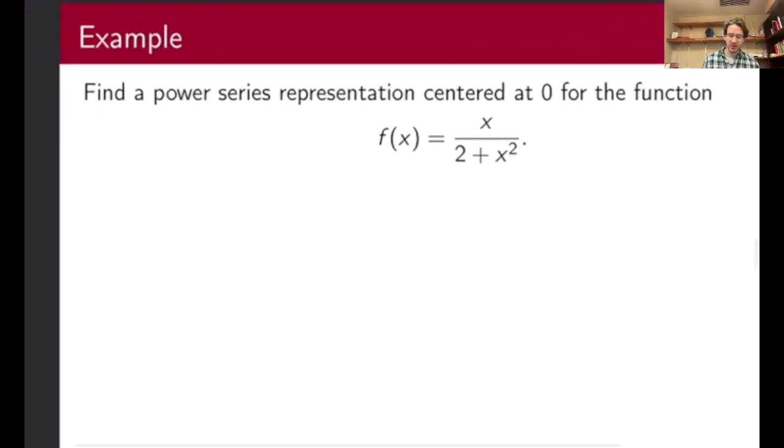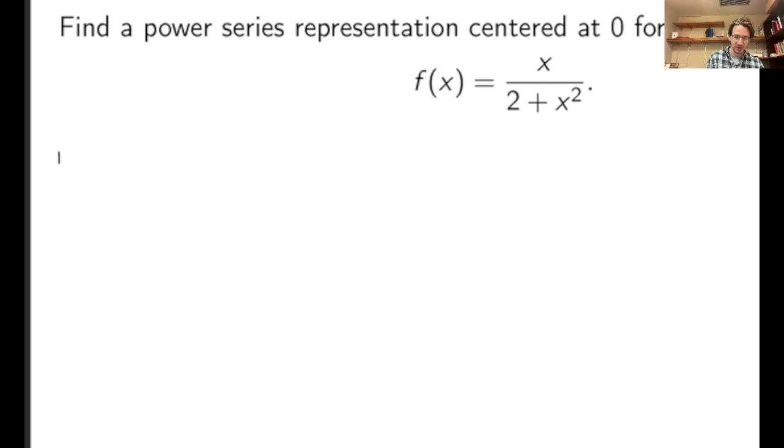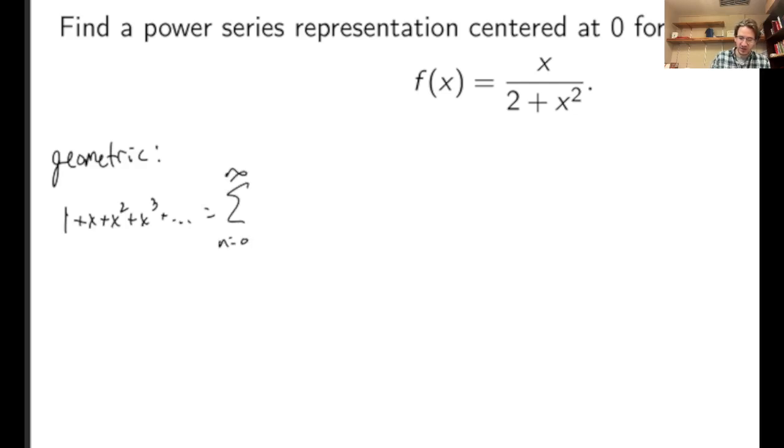As a reminder, the geometric series tells me that 1 plus x plus x squared plus x cubed plus and so on, which is the sum from 0 to infinity of x to the n, is equal to 1 over 1 minus x, okay? So I see something kind of similar to this idea, so I'm going to manipulate this until I get something that looks like that geometric series.